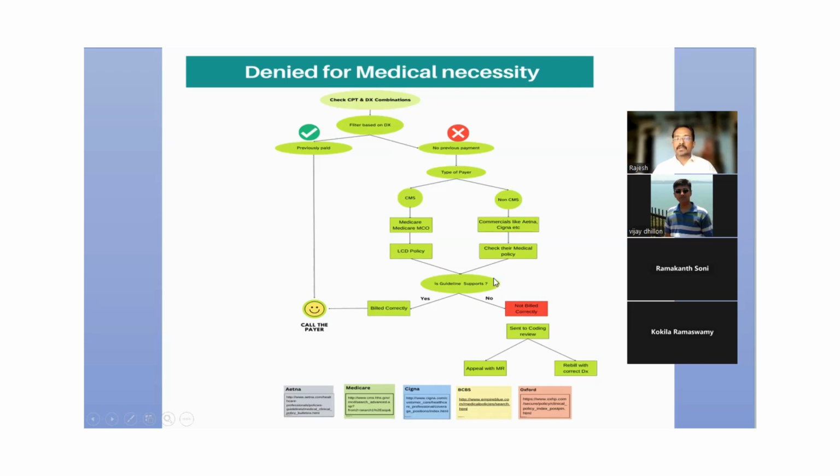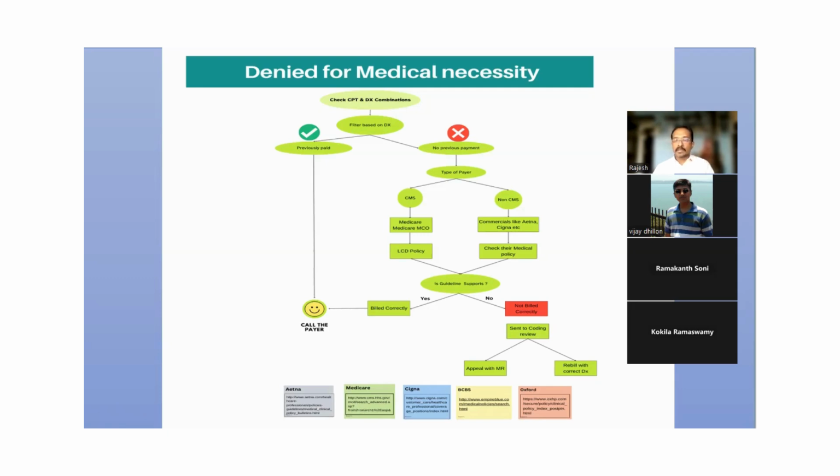For example, if the policy says it's not billed correctly and the diagnosis code is not covered, then the critical problem starts here. Let me give some examples so you can understand. If a patient is admitted in the ER, emergency, and the diagnosis code says vomiting, that's your primary diagnosis, and that may be the problem.